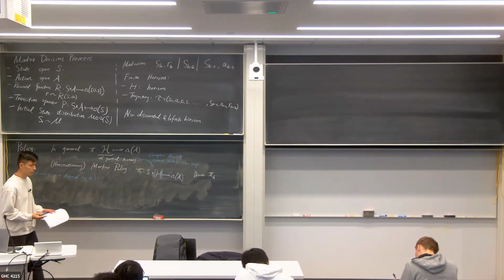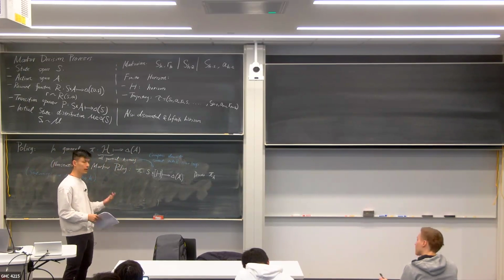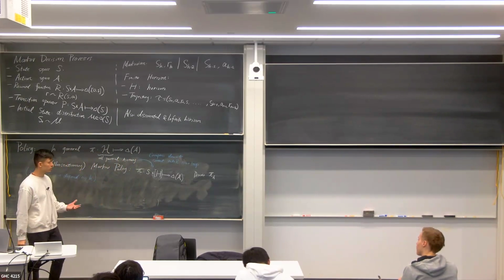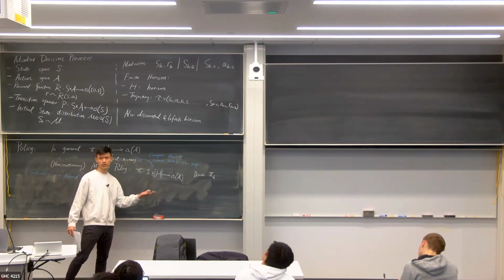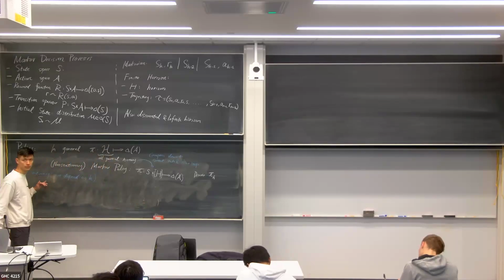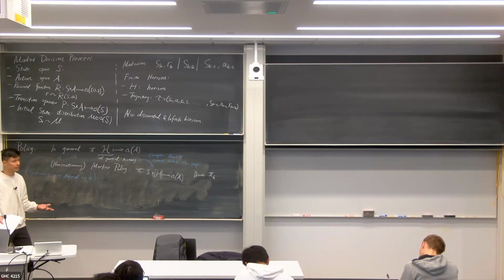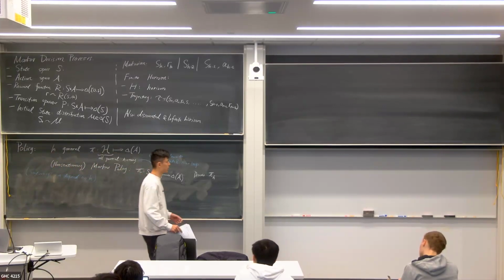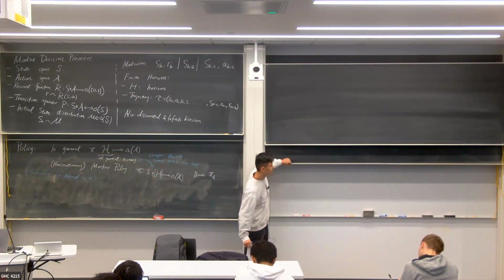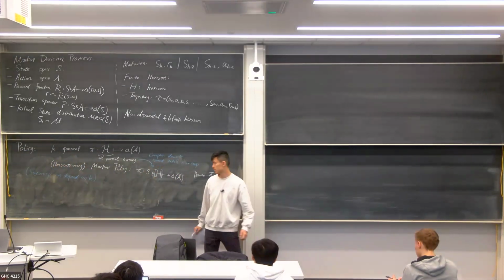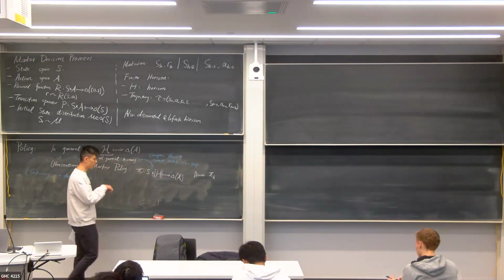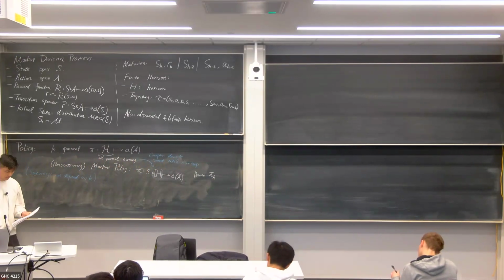So the decision you're going to make, or the policy you're going to use, doesn't depend on which time step you're in. This sort of formulation is more common in the infinite horizon discounted setting, because what's the point of a time step anyway? This process will go on forever. For us, because we have finite horizon, some of the derivation we have will carry this time step around.